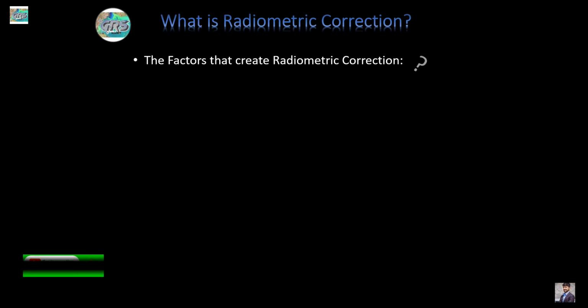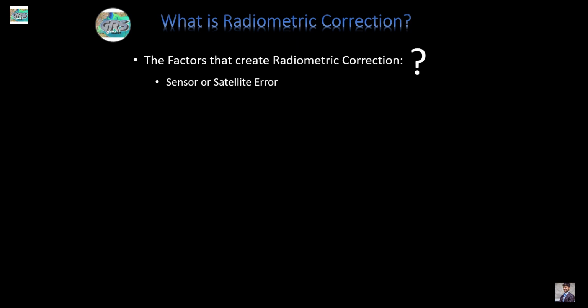Also, come to what radiometric corrections are. Please pause the video and ask yourself: what are radiometric corrections? And which factors create radiometric errors is very important. The factors that create radiometric errors are sensor or satellite errors.